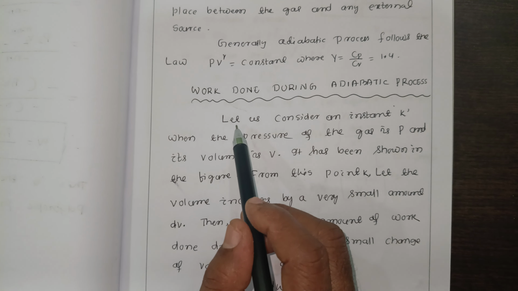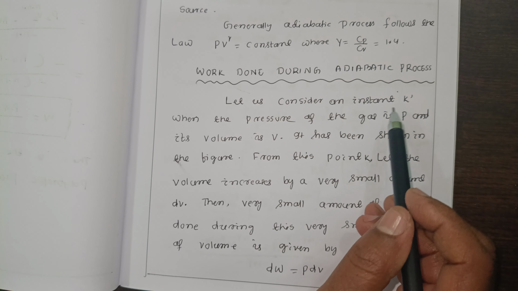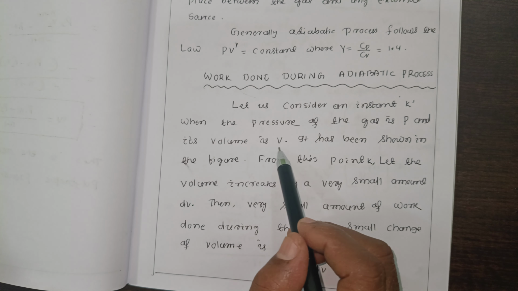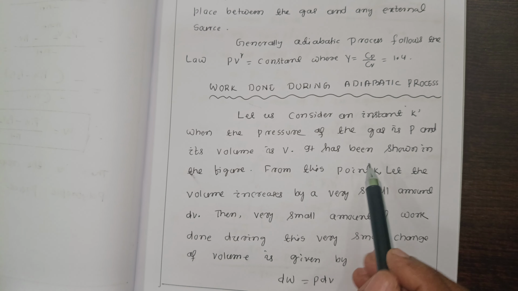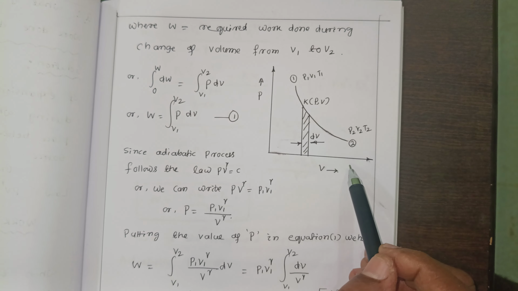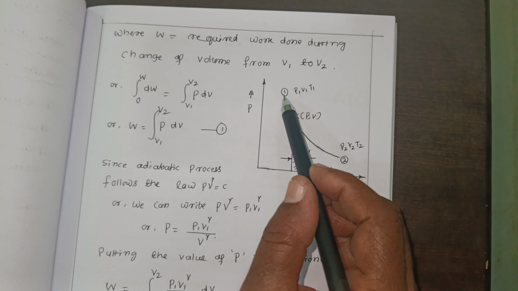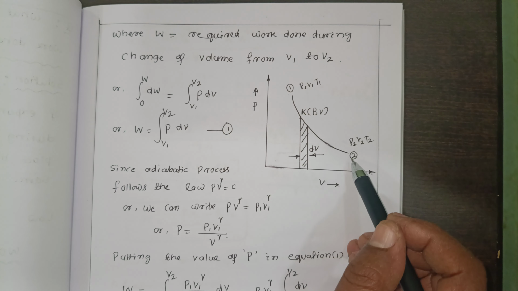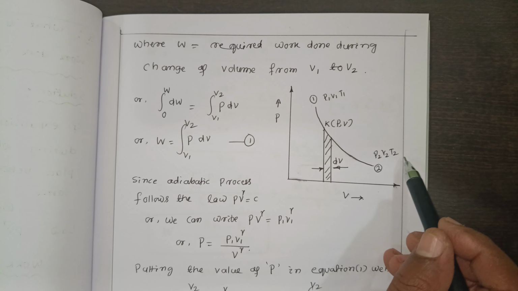Similarly, let us consider an instant K when the pressure of the gas is P and its volume is V. It has been shown in the figure. In this figure, you can see this is the pressure volume diagram. Here point 1 is P1 V1 T1 and point 2 is P2 V2 T2.